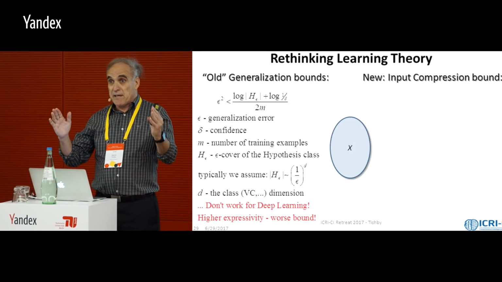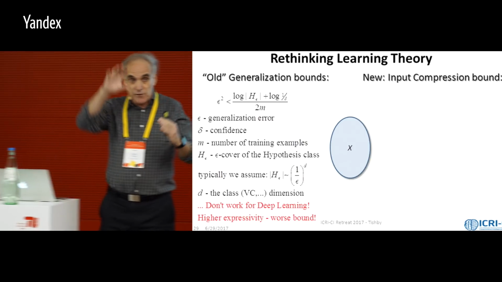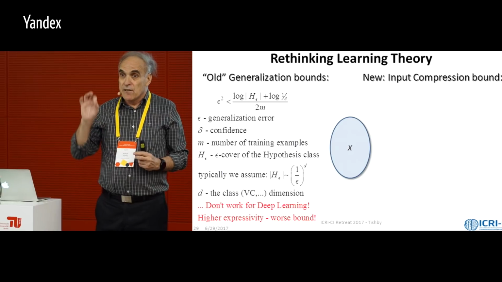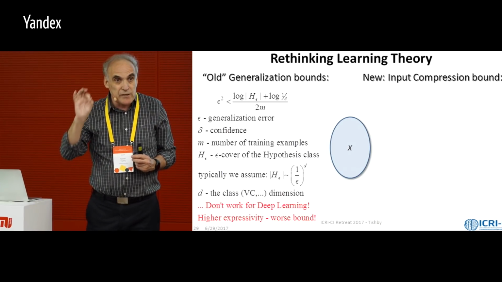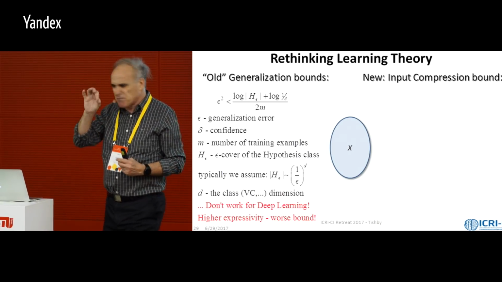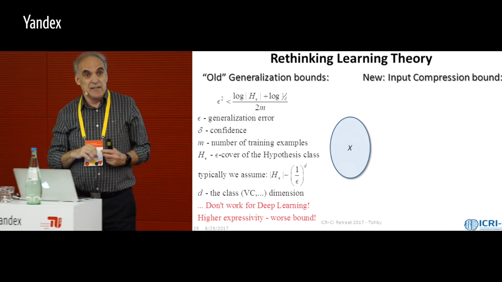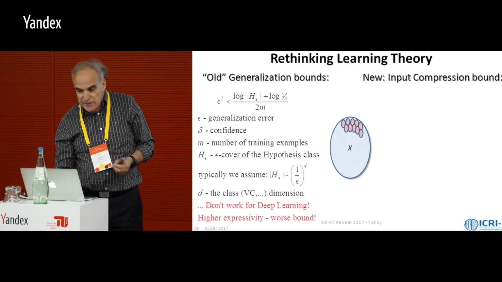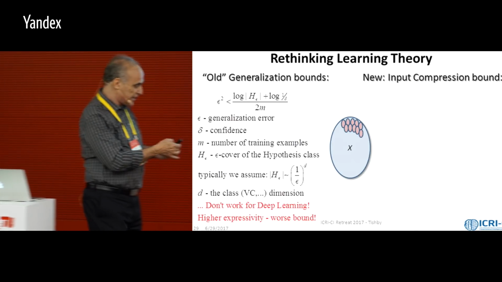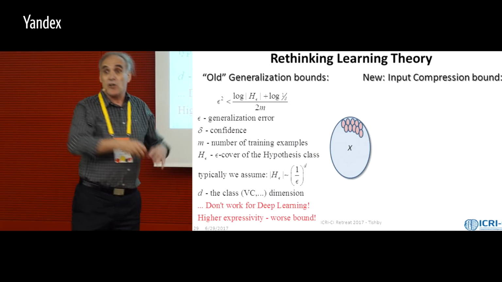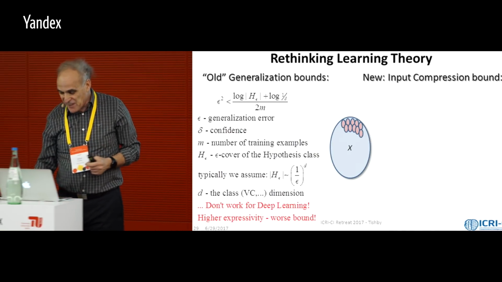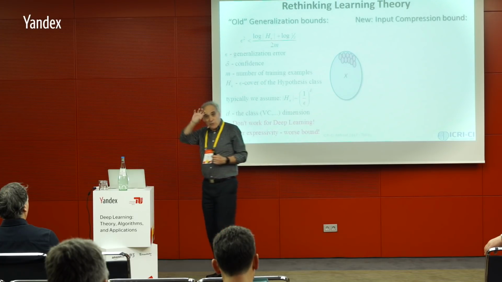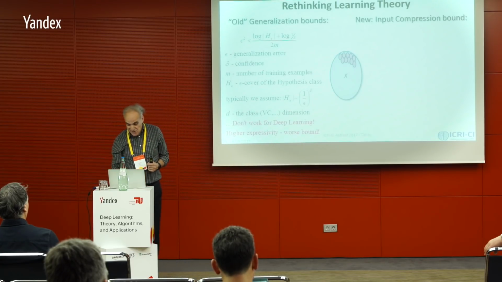If I manage somehow to compress my input, or cover my input space, with cells which are more or less homogeneous with respect to the label, then I'm doing a much finer job. Imagine that I cover the space of inputs X. In the case of images, let's say it's all the possible images that you care about. It's a very big space, and I cover it with spheres, which are essentially groups of images, clusters of images if you want.